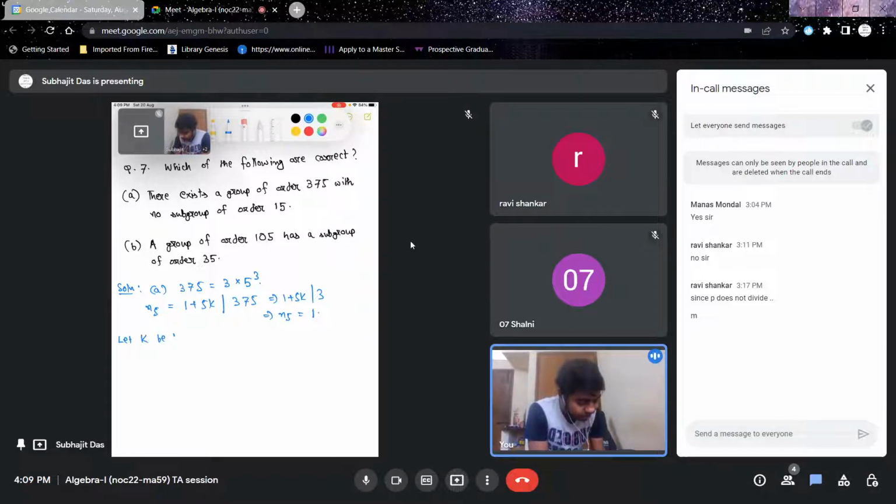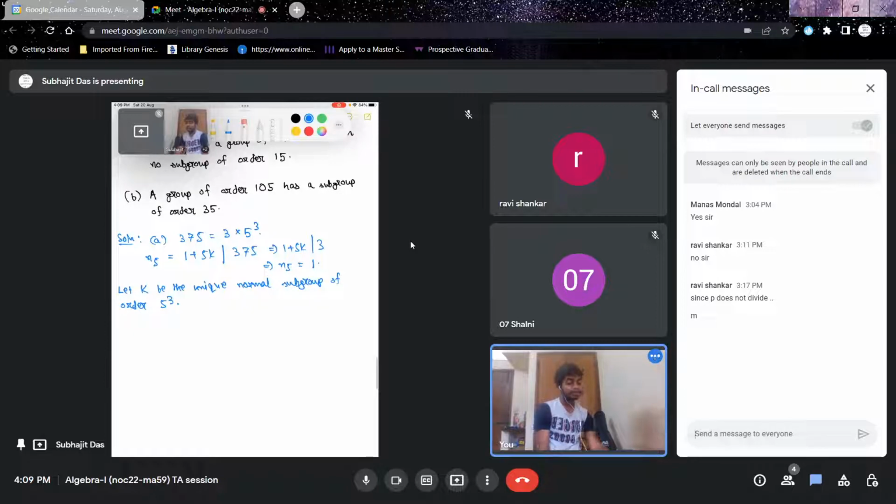So let K be the unique normal subgroup of order 5 cubed, right?